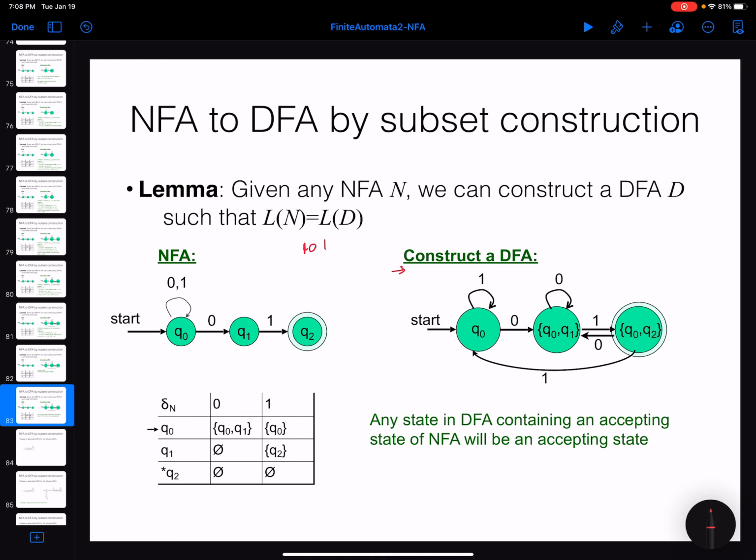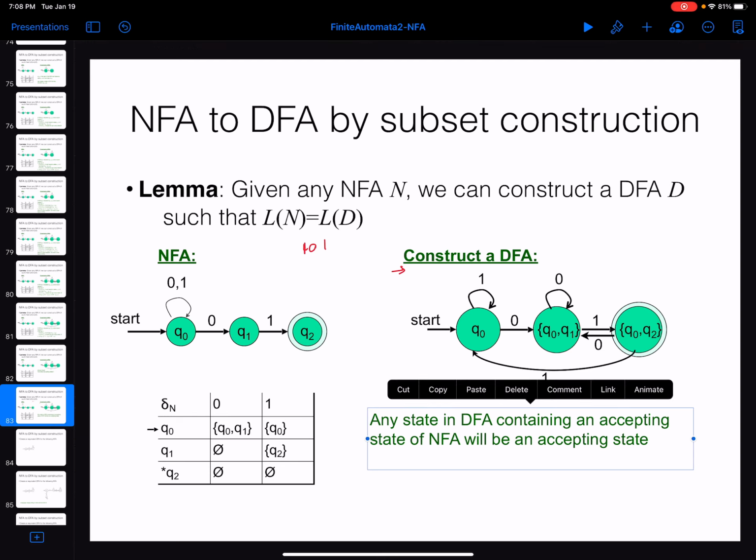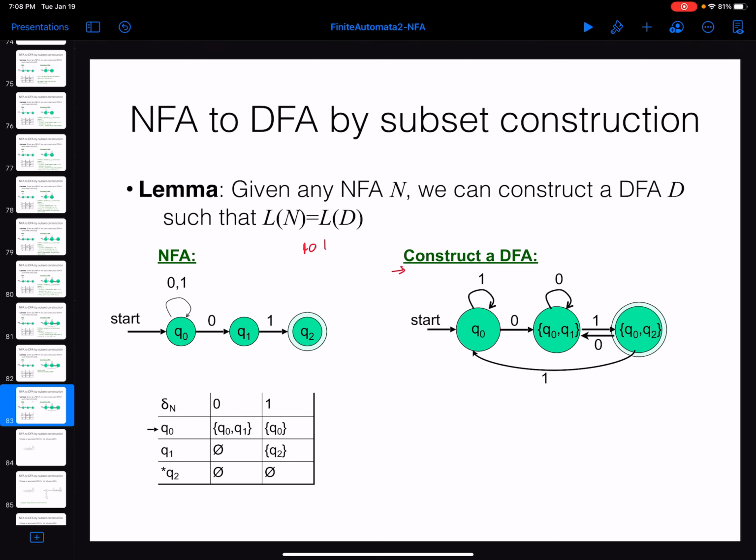Let me clean up a little bit of space for you, and I'm going to show you what would happen if I run this string over the NFA and what would happen if I run it over the DFA.